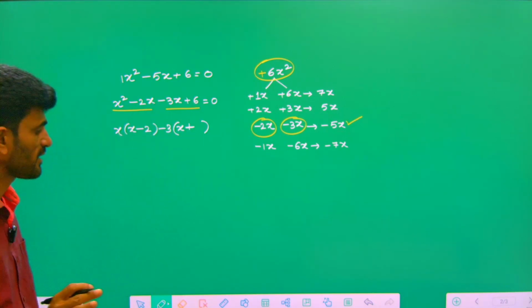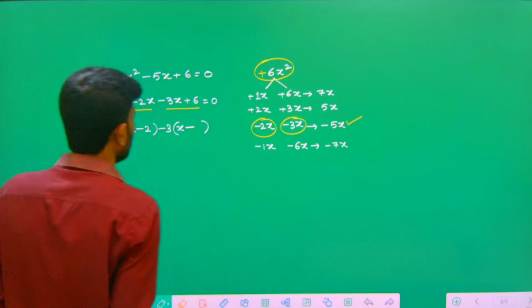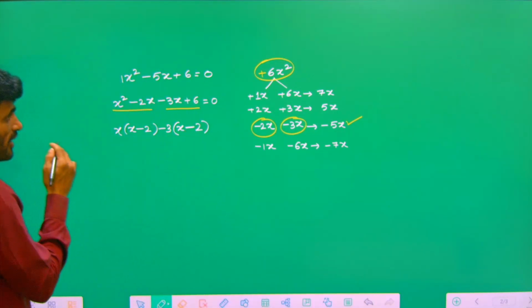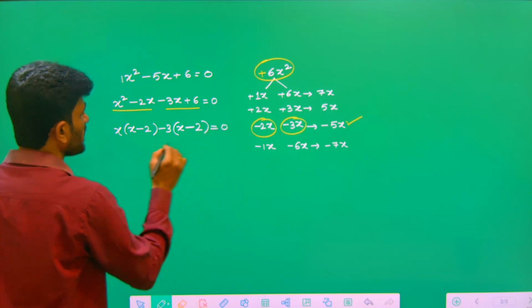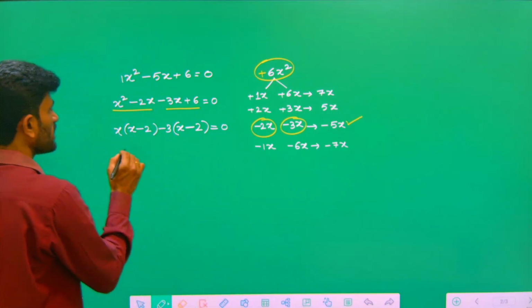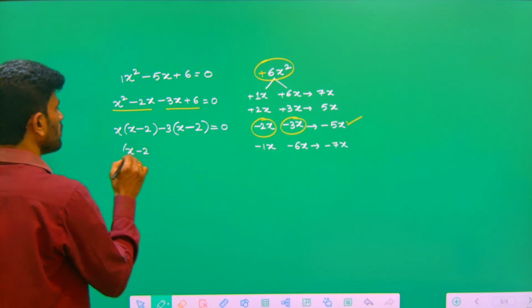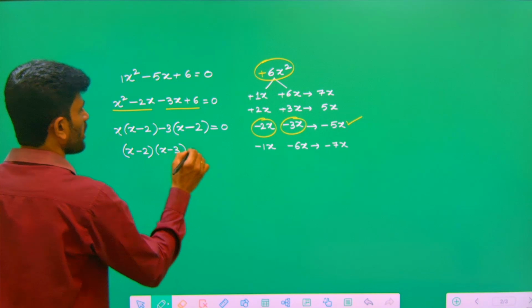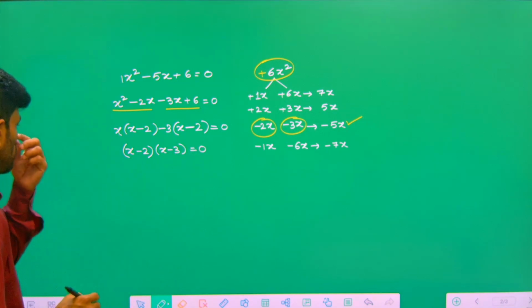No, it is plus 6x. So what should be written here? Minus of 2. So now if you observe again, x minus 2 is common in both. Now x minus 2 if you take common, here x and here minus 3. x minus 2 into x minus 3 is equal to 0.